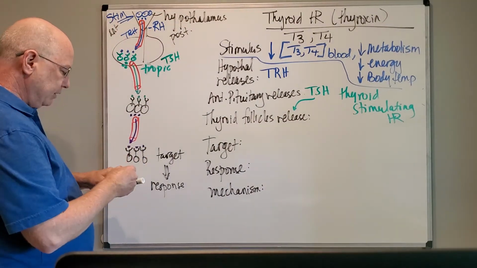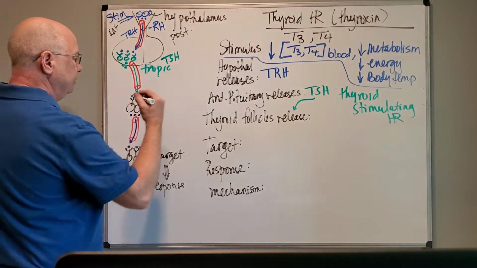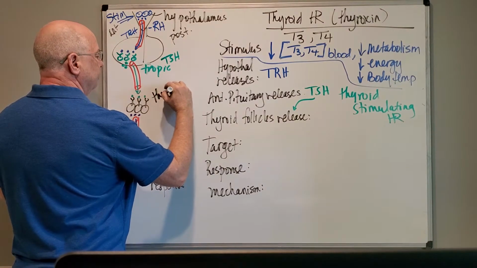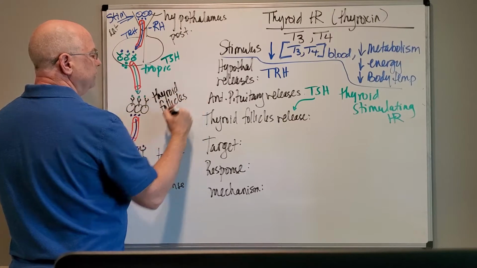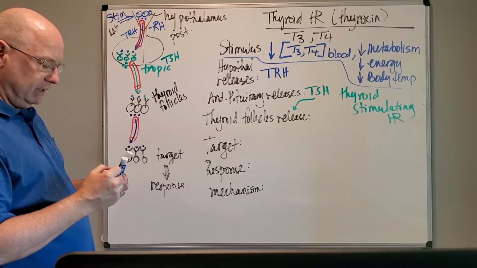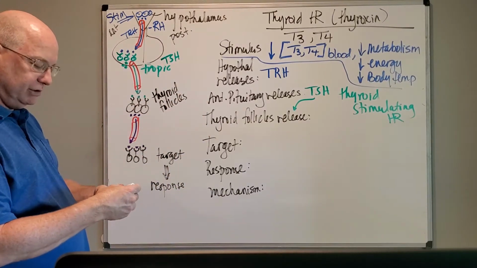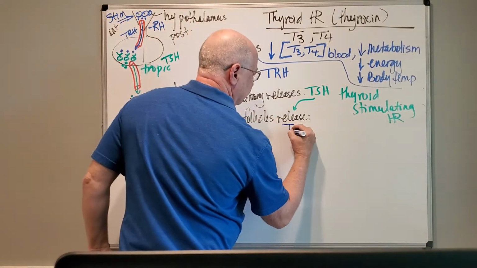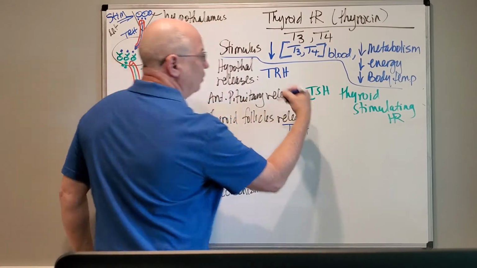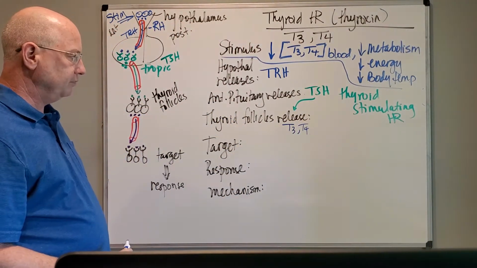So the endocrine organ in this sense here is going to be my thyroid follicle, the follicular cells. And the follicular cells have receptors for TSH, and TSH will cause the thyroid follicles to release or secrete T3 and T4, or thyroxin, thyroid hormone.